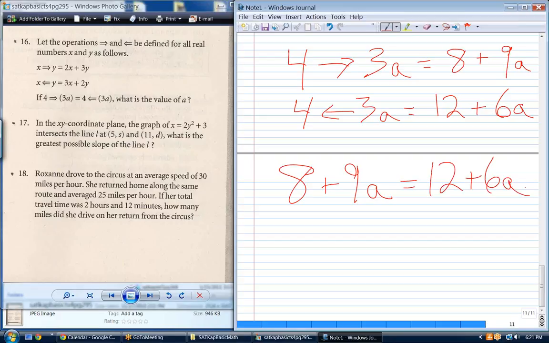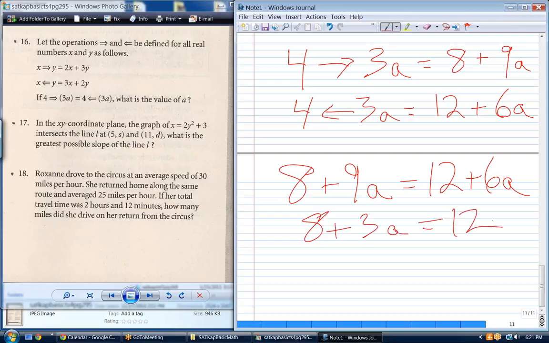Solve that. Minus 6a gives 8 plus 3a equals 12.